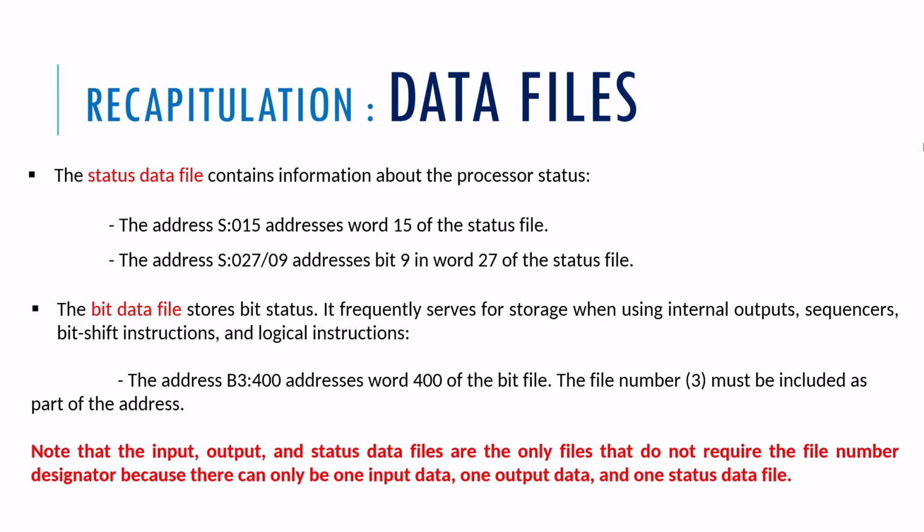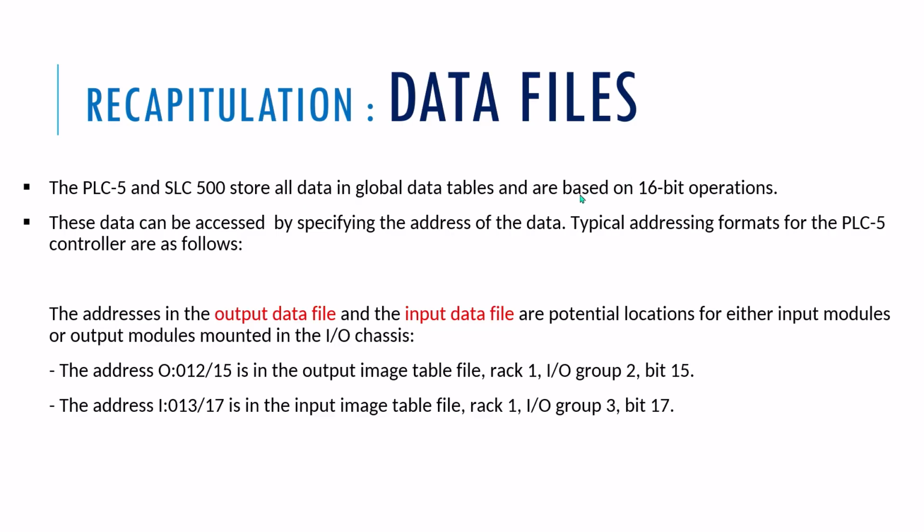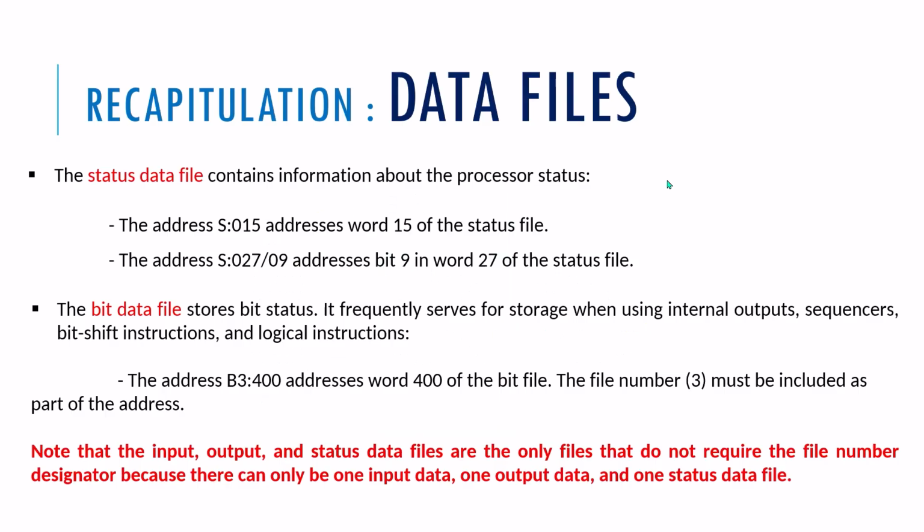Let us talk first about the status data file. It contains information about the processor status. The example shows how the address actually works. The address given here is S:015. This addresses word 15 of the status file. We have already said that all the data are based on 16-bit operation, so the word here contains 16-bit data.